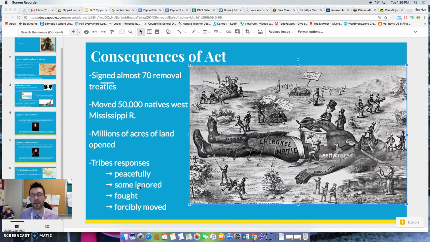And as a result of that, private individuals, private American citizens, settled on native land, with the natives still living there, of course, or some American citizens were able to cheat the natives out of their land through various deals. Some Native Americans fought to stay. An example of this would be the Second Seminole War. Finally, some Native Americans forcibly were moved, such as a Trail of Tears, which occurred after Andrew Jackson was out of office.